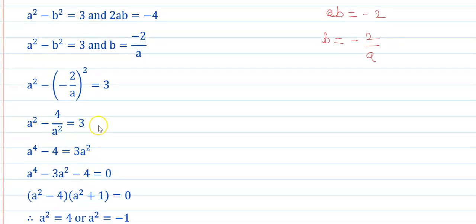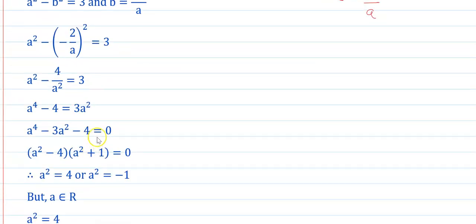Multiply on both sides by a square, then you will get a raised to 4 minus 4 is equal to 3a square, and hence a raised to 4 minus 3a square minus 4 is equal to 0. The product of a raised to 4 minus 4 is minus 4a square. Now we will factorize here.